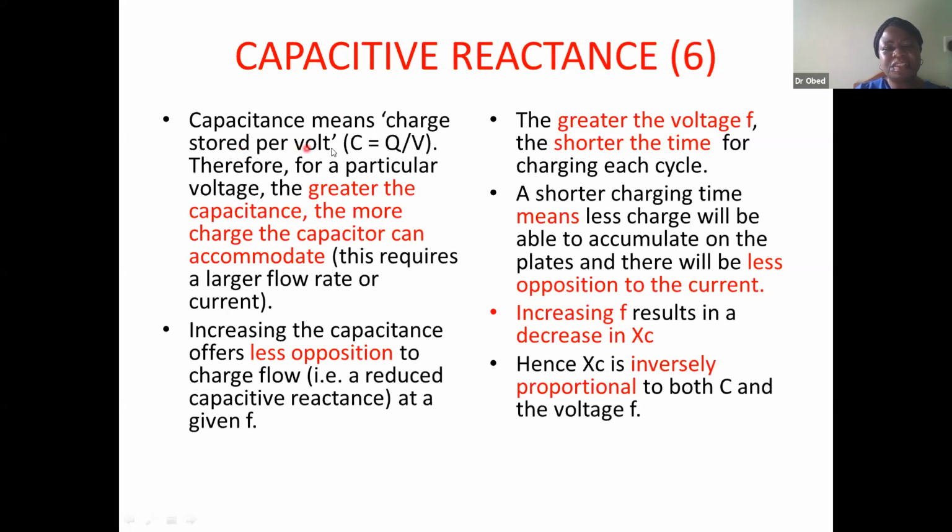It's given by the equation C equals Q over V. Therefore, for a particular voltage, the greater the capacitance, the more charge the capacitor can accommodate. This requires a larger flow rate of current. And this is very straightforward. The greater the capacitance, the more charge the capacitor can accommodate.